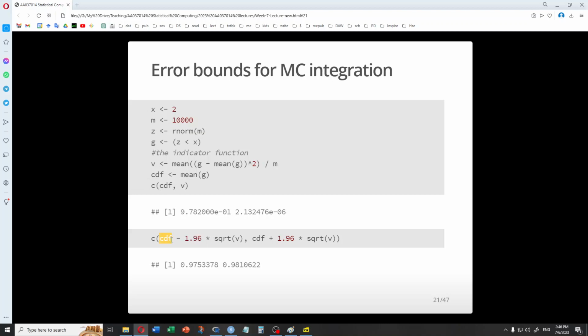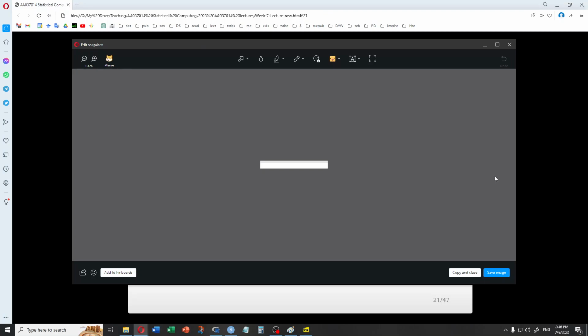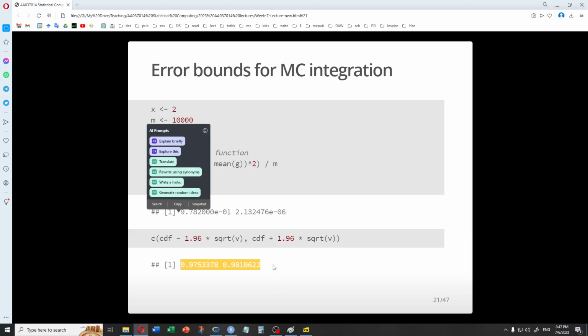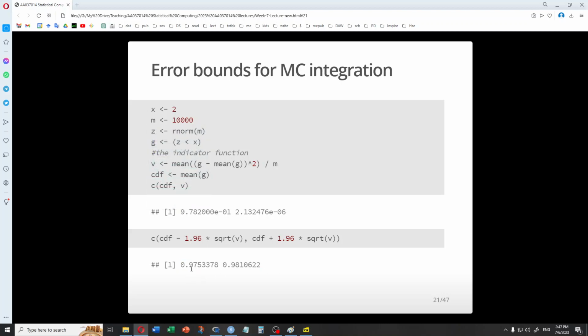So we get the mean, which is the CDF, plus minus 1.96 times the square root of v, where v is given by this formula. So the 95% confidence interval is given by 0.97 to 0.98.